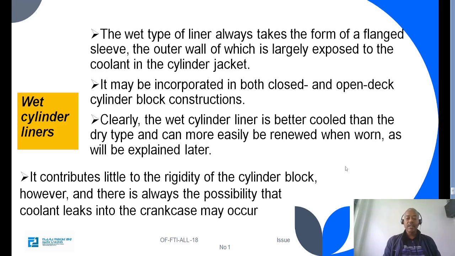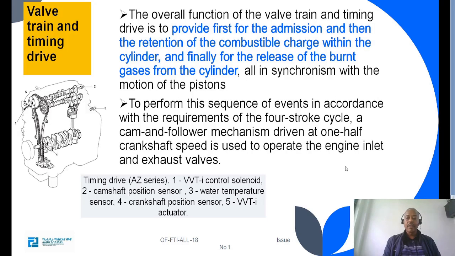Valve train and timing drive. The overall function of the valve train and timing drive is to provide first for the admission and then the retention of the combustible charge within the cylinder, and finally for the release of the burned gas from the cylinder, all in synchronism with the motion of the piston.